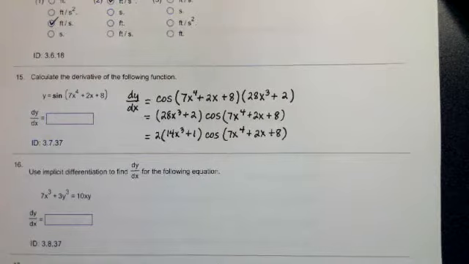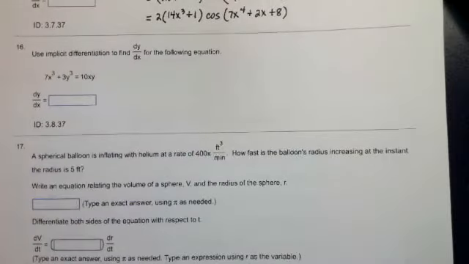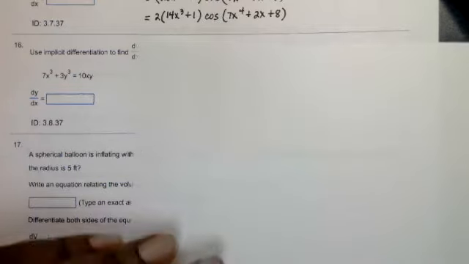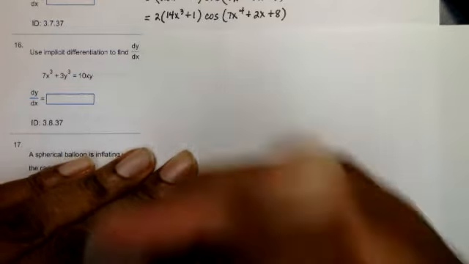All right, problem number 16 is using implicit differentiation to find dy dx for that equation. And in this case here, we got our equation 7x cubed plus 3y cubed plus 10xy. In this case, I'm going to need to do this on a separate sheet of paper.